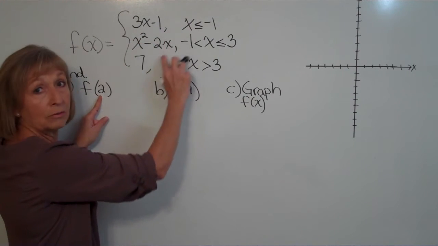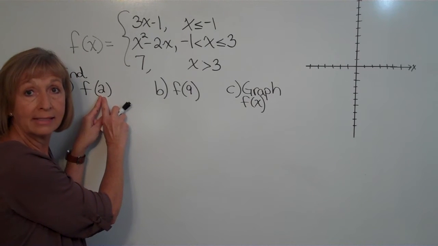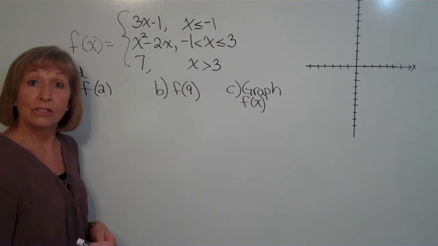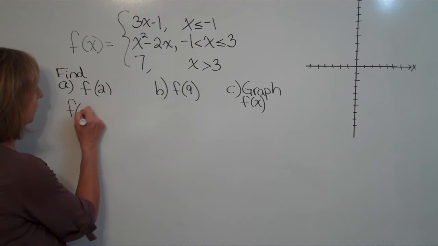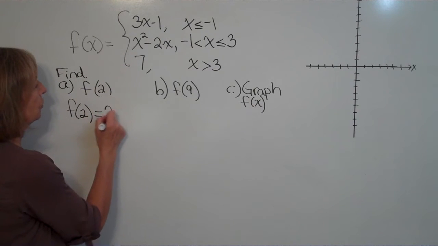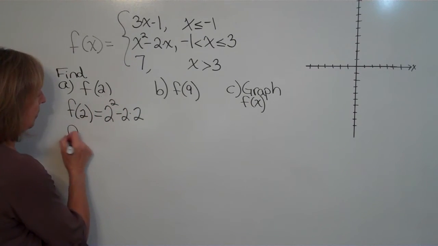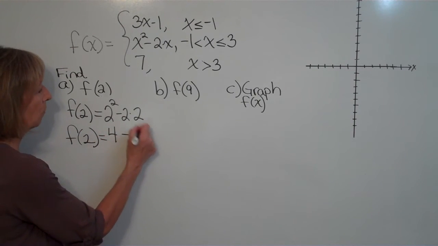So the x squared minus 2x is the rule I will use when I'm asked to find the output when 2 is put in for the x's. So my f of 2 is going to be 2 squared minus 2 times 2. So then I get f of 2 is 4 minus 4.